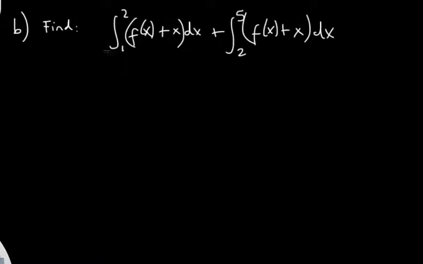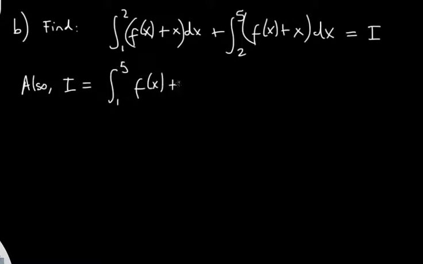These two are the same object, so we can say that all of this equals the integral that I'm interested in. I could just call it I. And then I can say also I equals the integral from 1 to 5 directly of f of x plus x, all of this dx. Okay, that's got to be true.